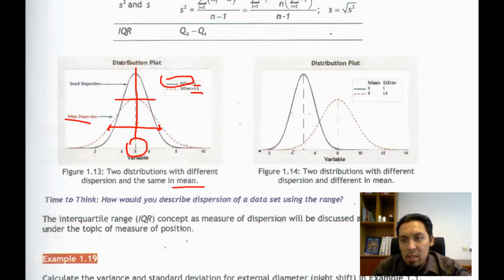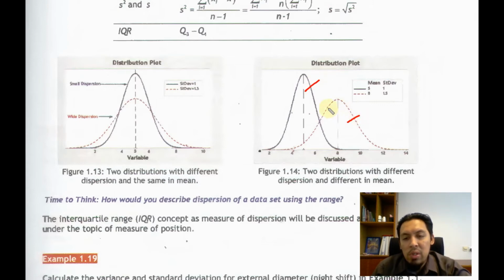Now in the next case, we have a similar distribution of the first one and the second one. However, as you can see, they are not in the middle. For this one, the middle value is at 5. As for this one, the middle value is at 8.